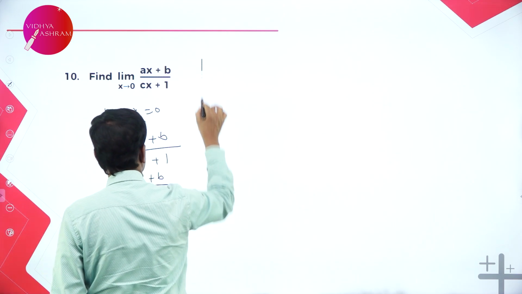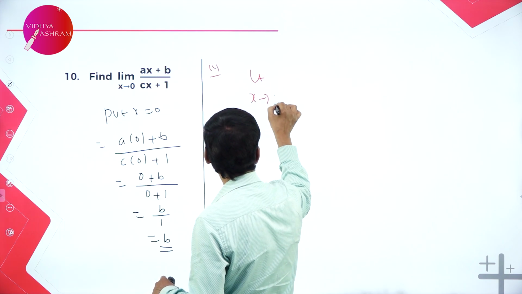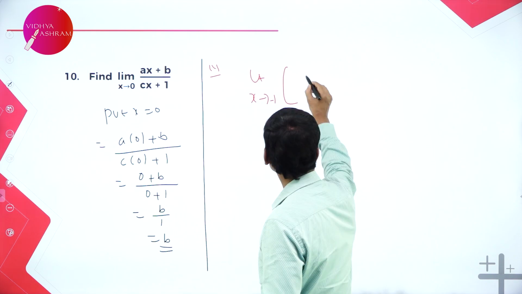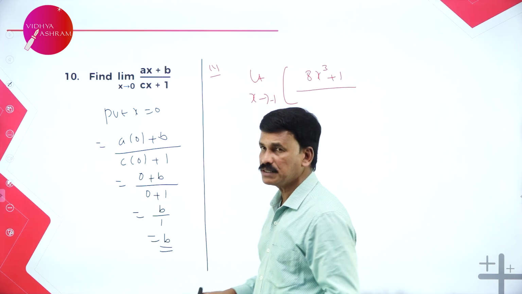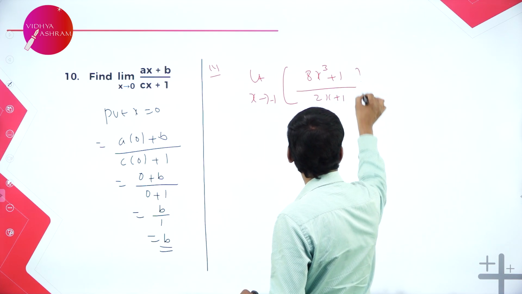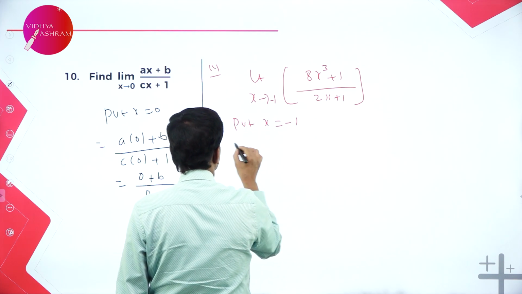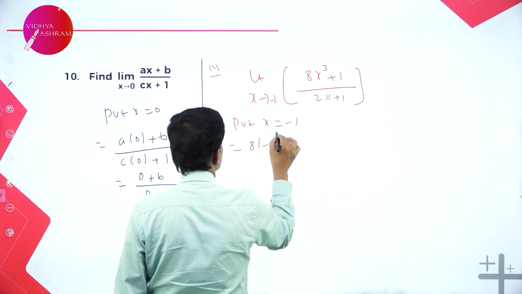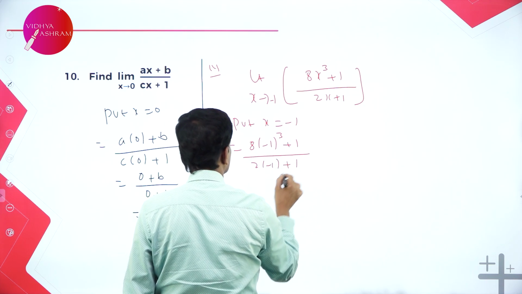Now, similarly, let us take one more problem. Suppose limit x tends to minus 1 of 8x cube plus 1 divided by 2x plus 1. Then put x is equal to minus 1. Then what happens? 8 into minus 1 whole cube plus 1 divided by 2 into minus 1 plus 1.